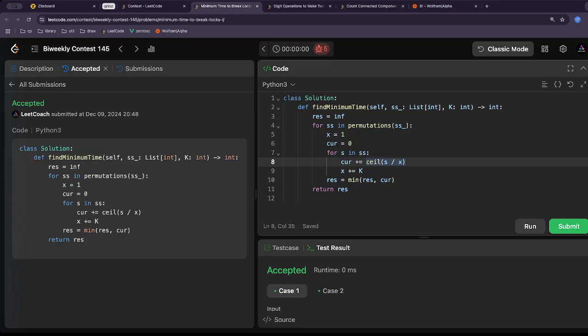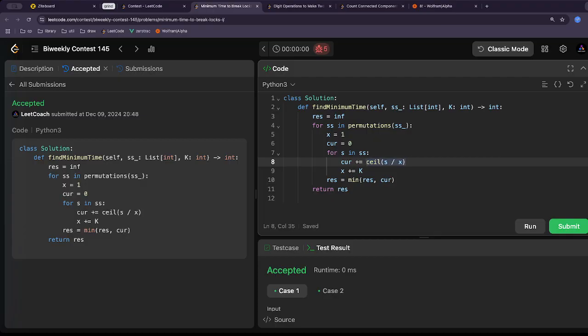So usually, here we're doing floating point division, right? So we're using a float, and then we're doing the ceiling. Usually you want to avoid floating point numbers because there are edge cases where you can have precision errors.